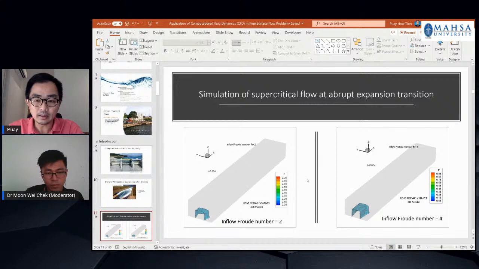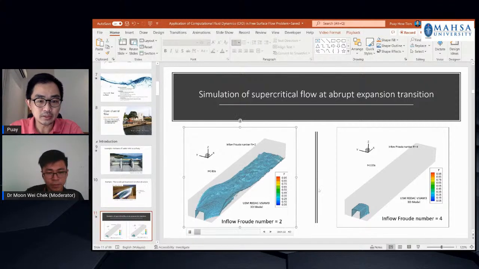My group, or my students that develop in USM, we develop 3D models using the VSIAM 3 method to simulate this kind of phenomena, the sudden expansion phenomena.